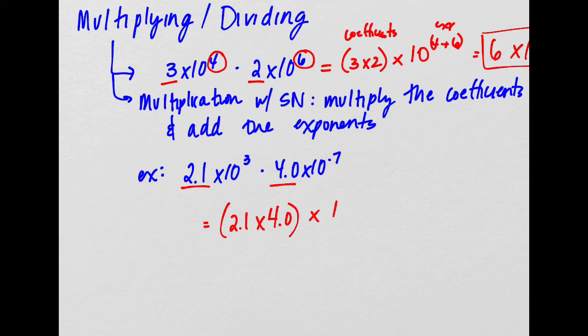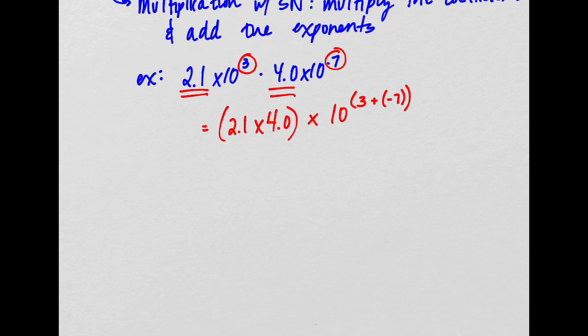I said exponents, I meant coefficients, sorry. Then we're going to add our exponents here, so we're going to have 3 plus negative 7.